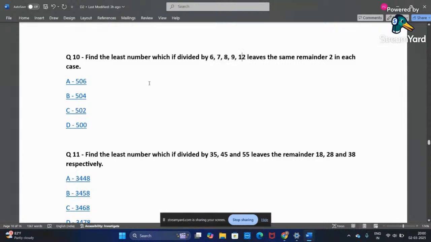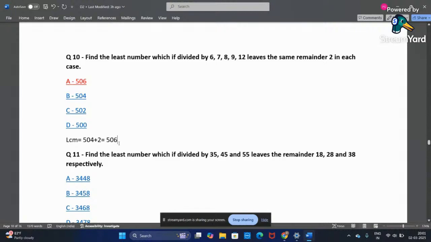Then you have to add 2. The LCM will be 504. But they have given that when it divides, it leaves a remainder of 2. So we have to add 2. So the answer will be 506. So this is the answer.